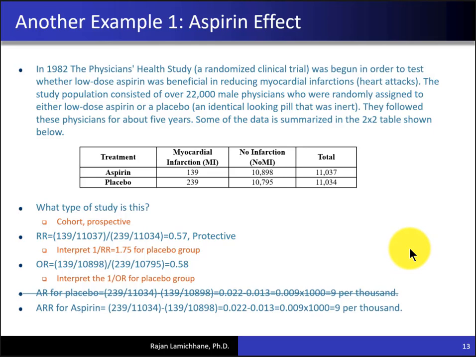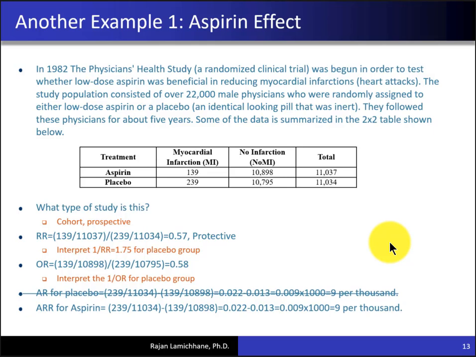Now, let's look at this example. In this example, we want to see whether low dose aspirin was beneficial in reducing myocardial infarction among male physicians. The study population consisted of 22,000 male physicians, and they were randomly assigned to one of these groups, aspirin and placebo.